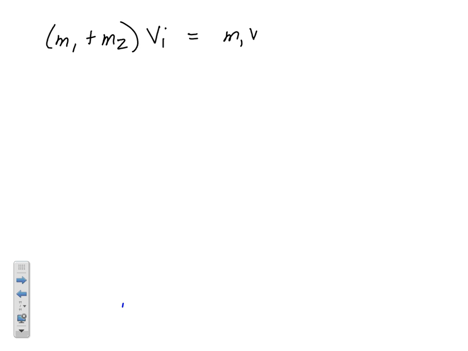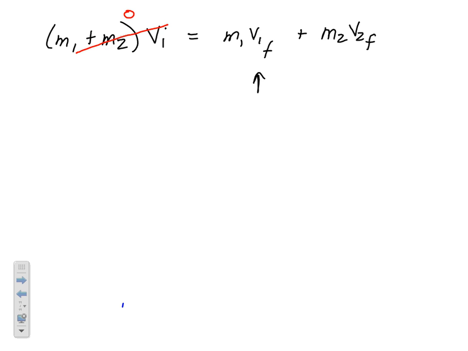So our initial equation this time is m1 plus m2 times the initial velocity equals the momentum of the kayak plus the momentum of the student. So initially, they have no velocity with respect to each other. We're going to solve for v1f, which is the velocity of the kayak after the student jumps out.